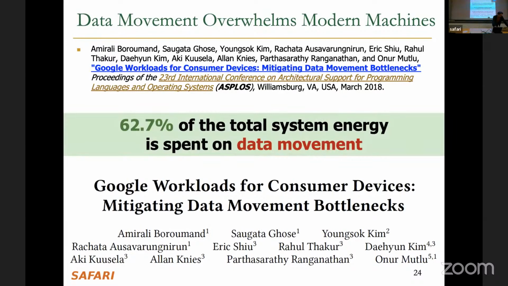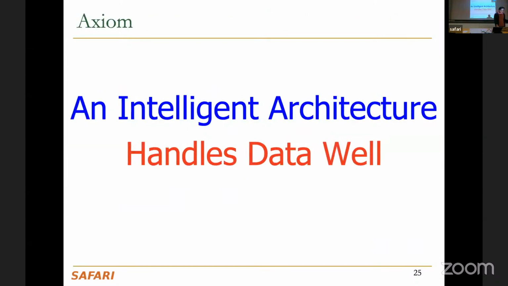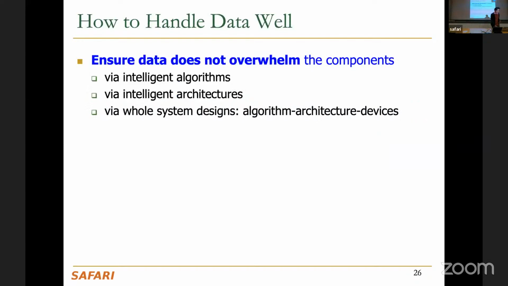Something that was measured in this paper is that 62.7% of the total system energy is spent on data movement. So imagine how critical this is and how important it is to find ways of alleviating all this data movement. And one way of doing it is by creating intelligent architectures that can handle data better than what they do today.